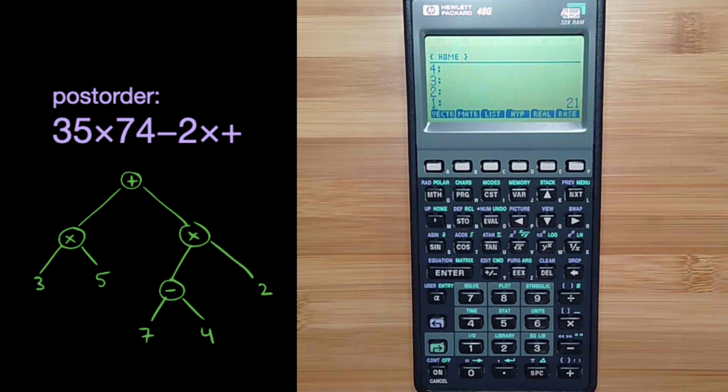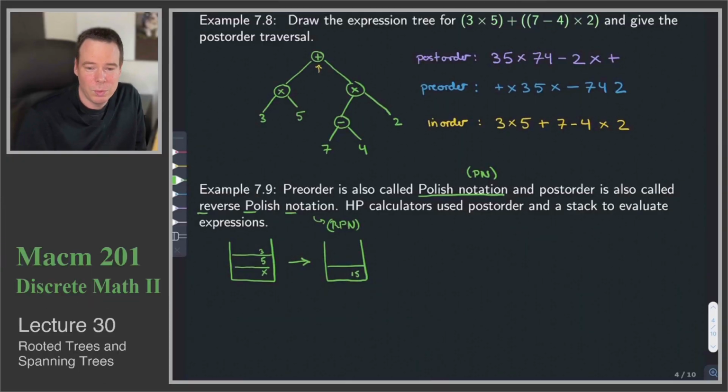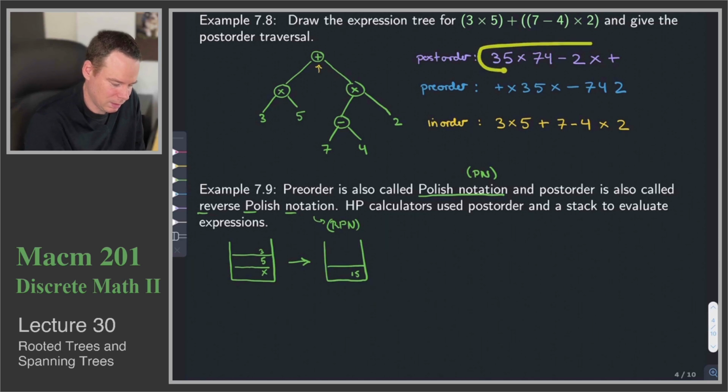And there we go. We've got our answer to that expression. So the post-order traversal was the instructions for evaluating that expression. The key observation is that we did not need parentheses to make sense of that. This was exactly the instructions we needed.